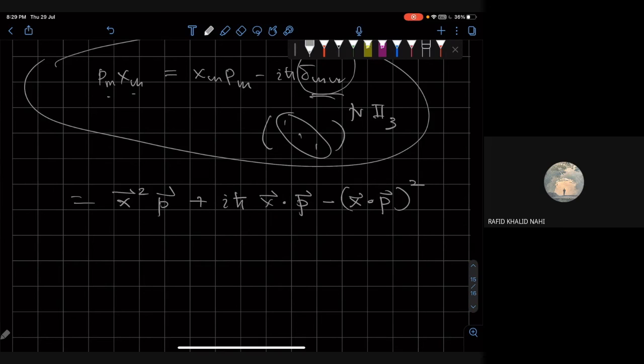What we have derived is that L squared is equal to x squared p squared plus i h bar x dot p minus x dot p squared. I'm not exactly sure of this sign, so I will be checking this sign.